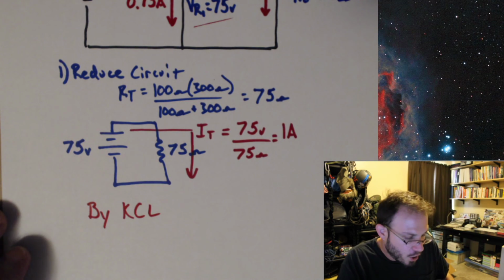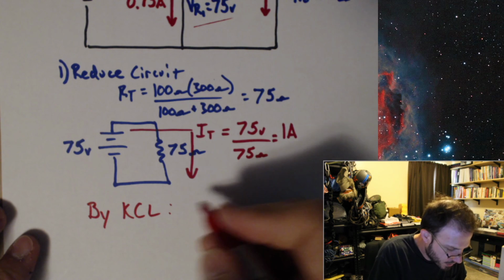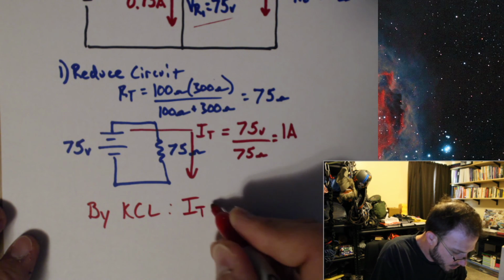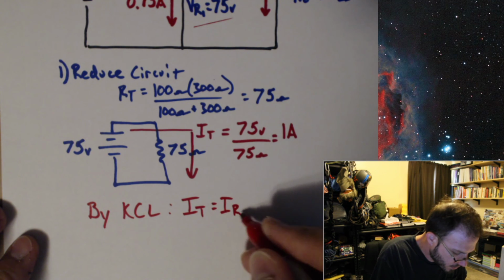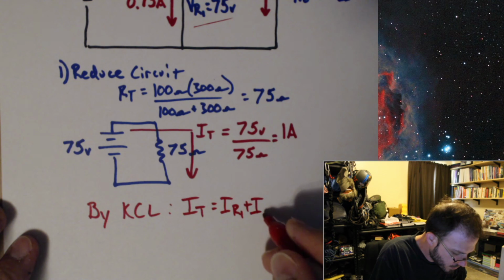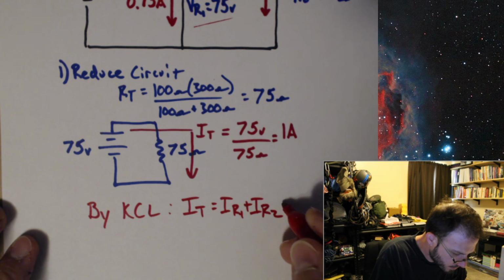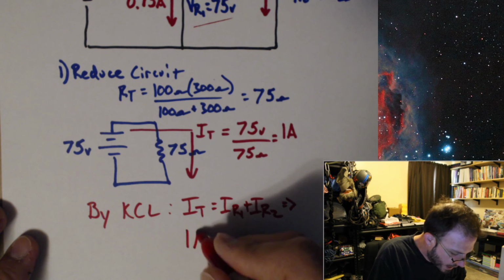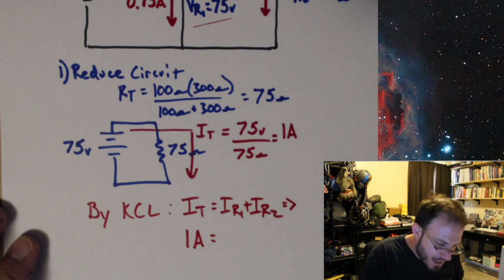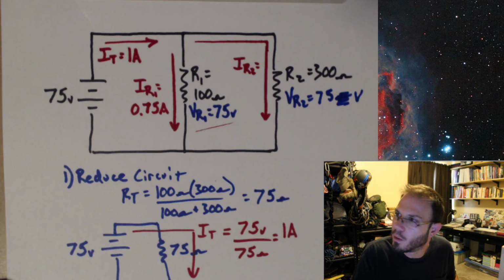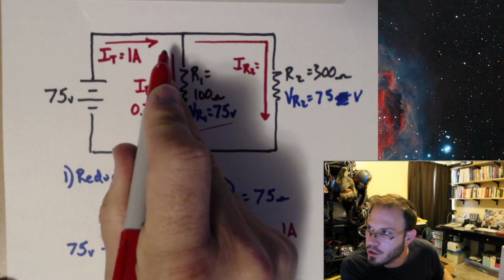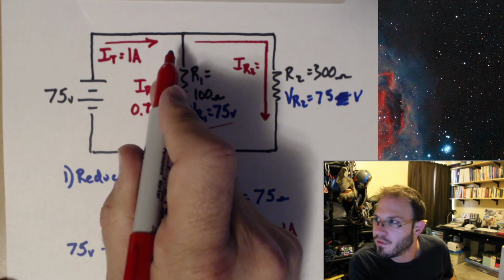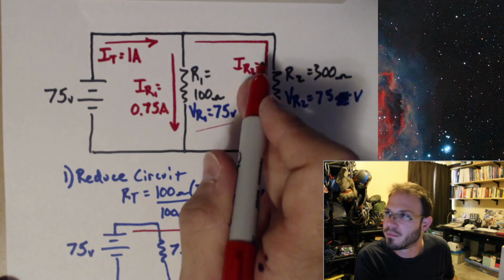By Kirchhoff's current law, we know that 1 amp is going to be equal to 1 amp. The sum of all currents entering a node must equal the sum of all currents leaving that same node.